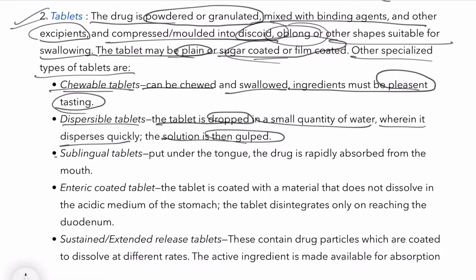Then sublingual tablets are put under the tongue, and the drug is rapidly absorbed from the mouth. The drug which is directly absorbed from the mouth is known as a sublingual tablet.